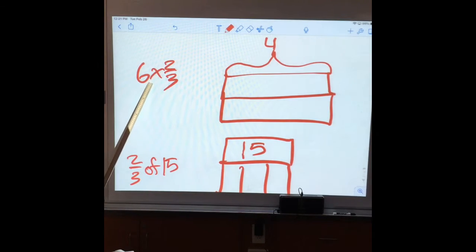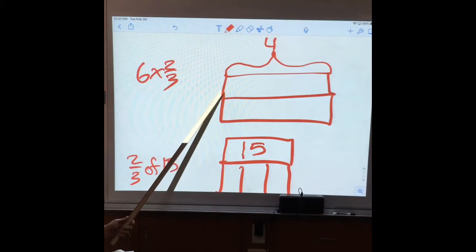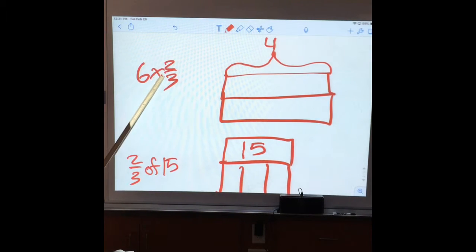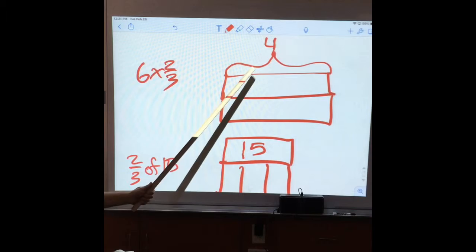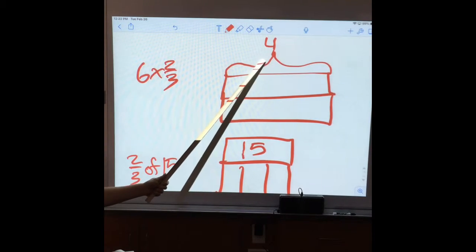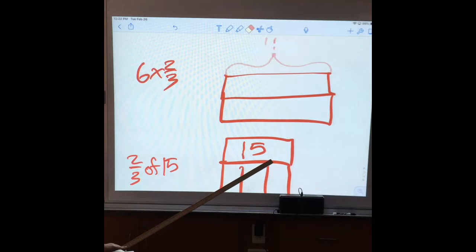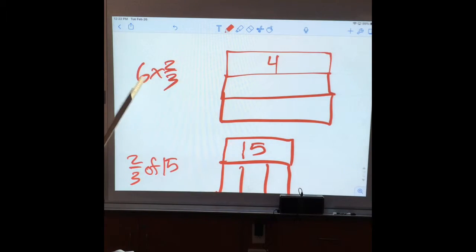All right, you're going to see this problem on page 33. It says 6 times 2/3, and then it gives you this bracket with a 4. I really don't like that, so I'm going to get rid of it. I'm going to put my 4 in the box here, okay? Okay, I've got my 6 times 2/3.